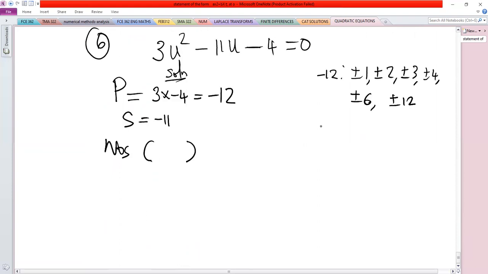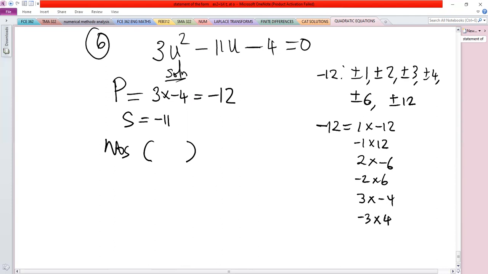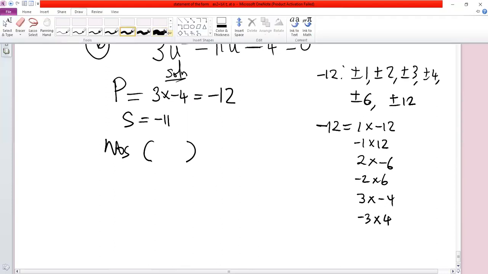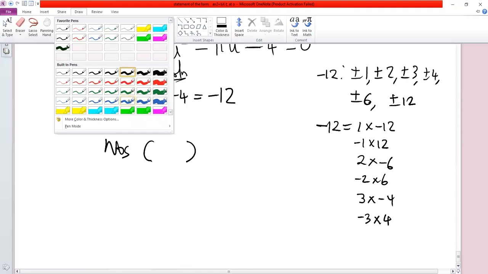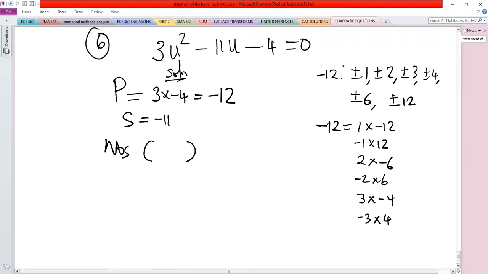So minus 12 is either 1 times minus 12, or minus 1 times 12, or 2 times minus 6, or minus 2 times positive 6, or 3 times minus 4, or minus 3 times positive 4. Out of these pairs, let's identify the one that will give us minus 11.